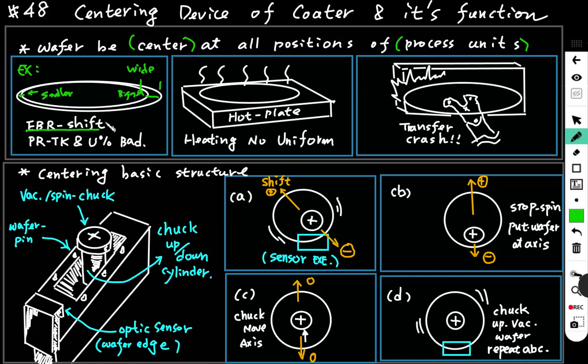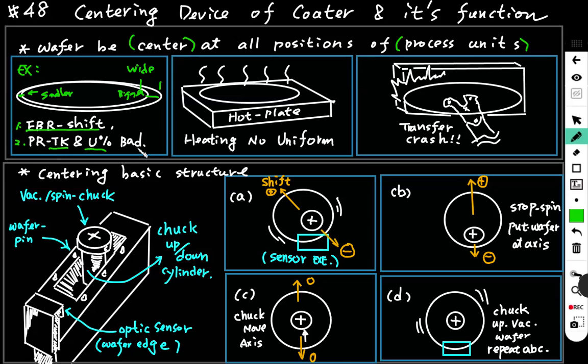All not in spec. It is caused by wafer center not being at central of the process unit, and also causes the photoresist thickness and the uniformity to be bad, out of spec.